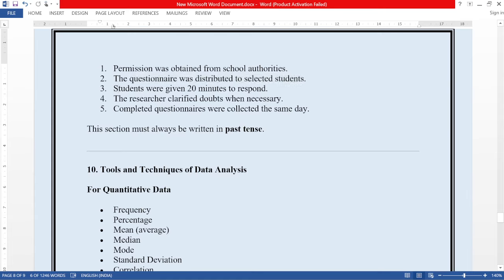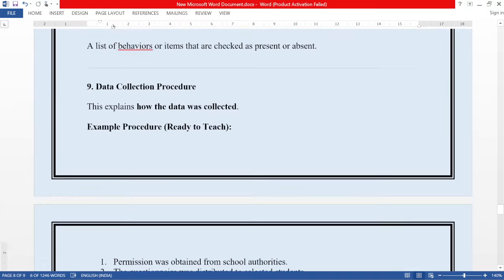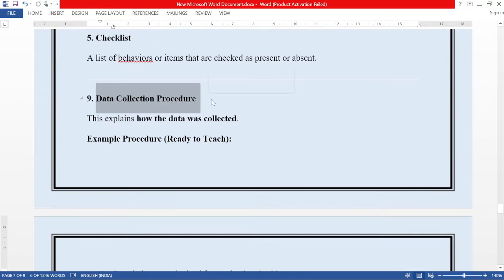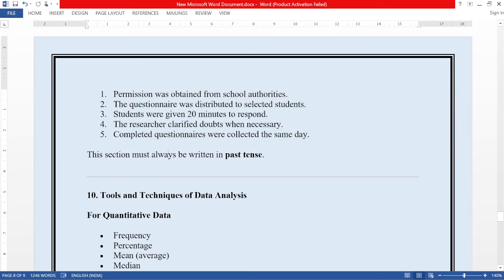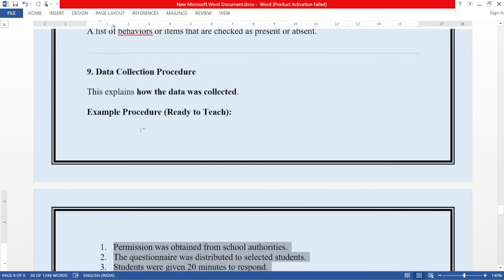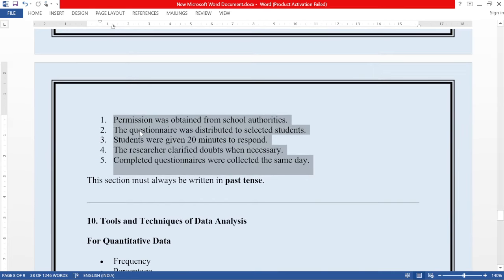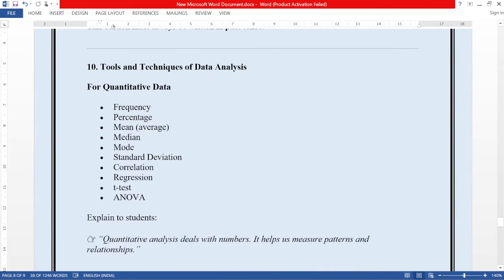Students were given 20 minutes to respond. The researcher clarified doubts when necessary. Completed questionnaires were collected the same day. So the data collection procedure can be done in these ways. And in your research work, you always write the data collection procedure in the past tense, note that.